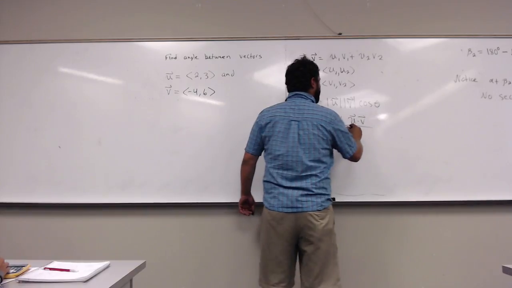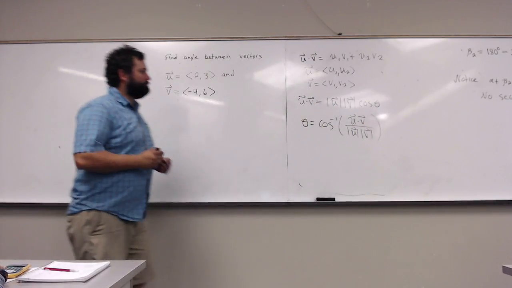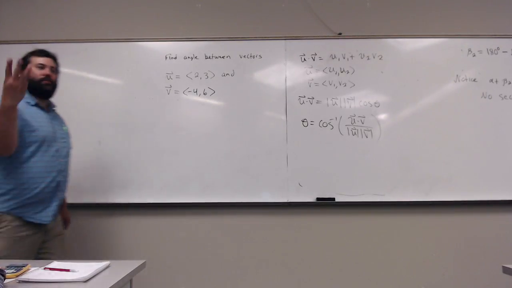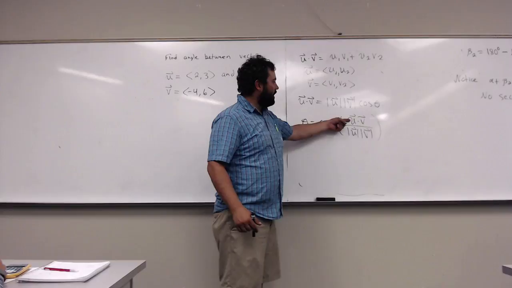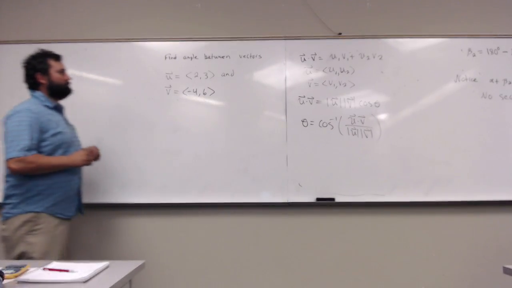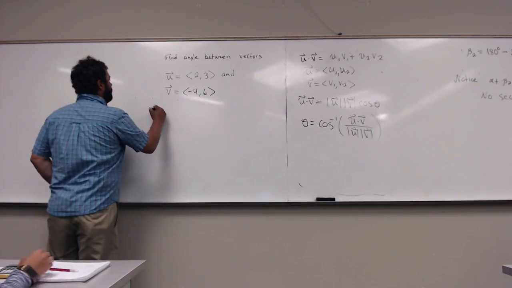So you'd get u dot v over magnitude u, magnitude v. So you have to calculate three things. We need the dot product, and then we need the lengths of each of those vectors. So we'll do the dot product first.